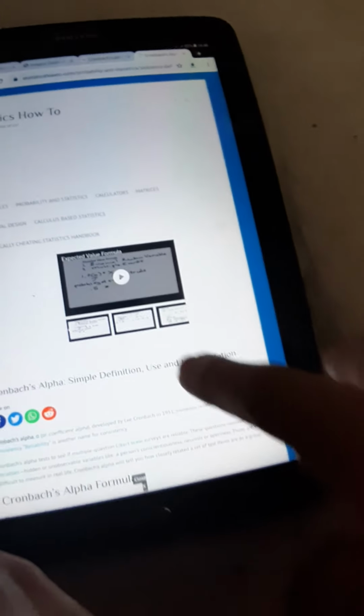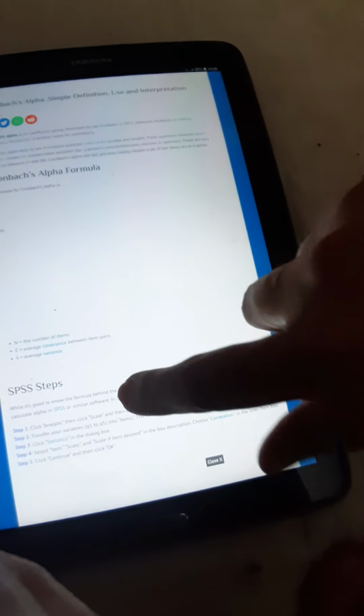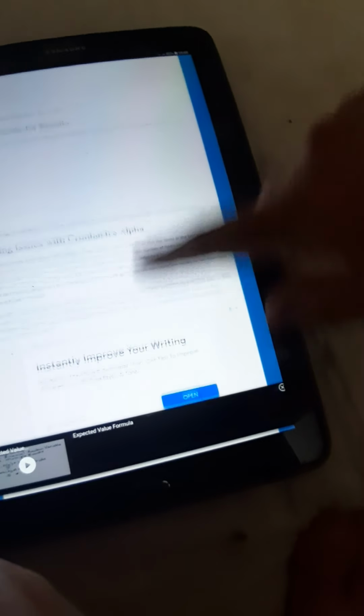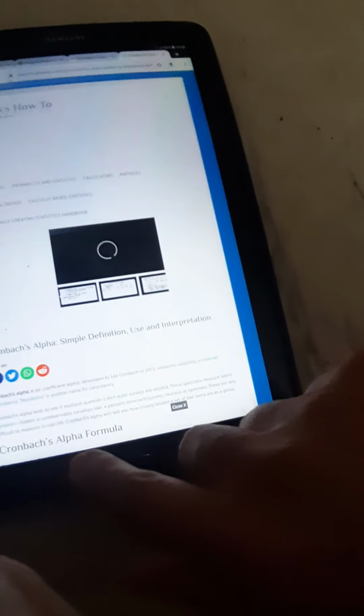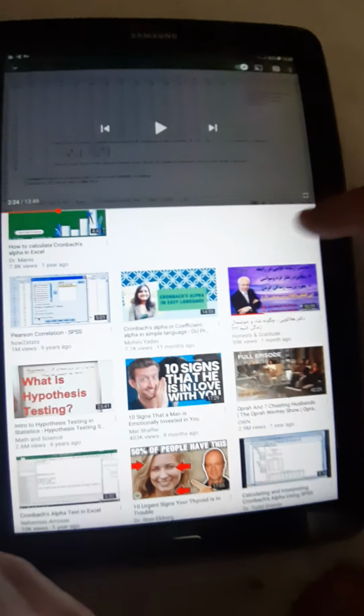Methods to increase reliability: despite the cost associated with increasing reliability discussed above, a high level of reliability may be required. The following methods can be considered to increase reliability: before data collection, after data collection. There are some methods explained on Wikipedia. But this is also not good for the statistics, but I found a very good video on YouTube.